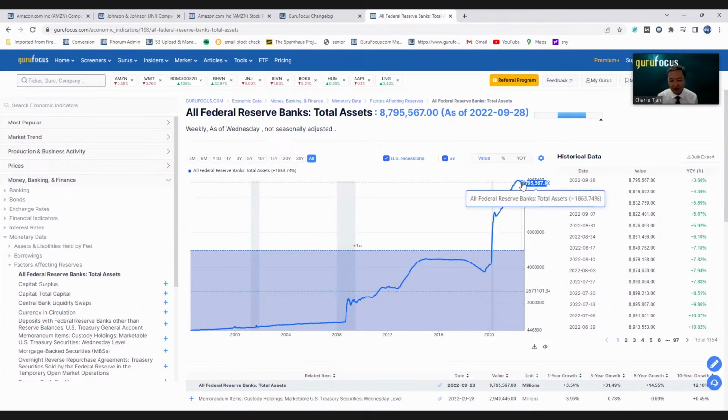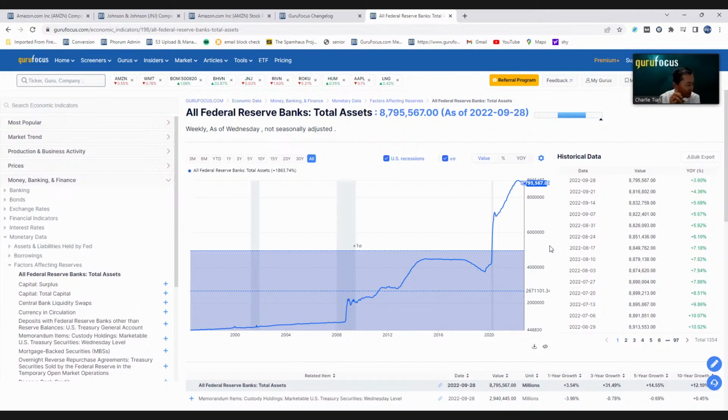Now they're trying to reduce it again, very slowly. You can see that they're doing it very, very slowly. But already, even with this kind of speed, we're already in trouble. The mortgage rate went up so much, and the yield, the borrowing cost is much higher these days.